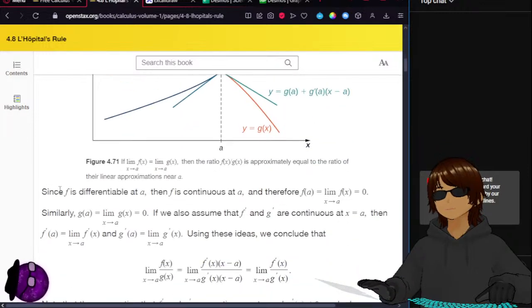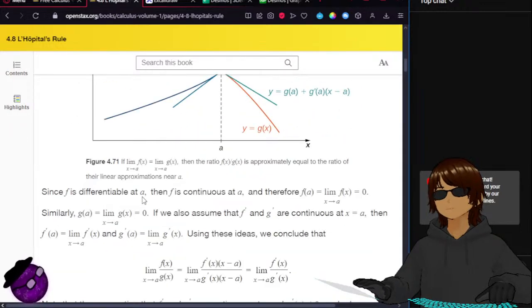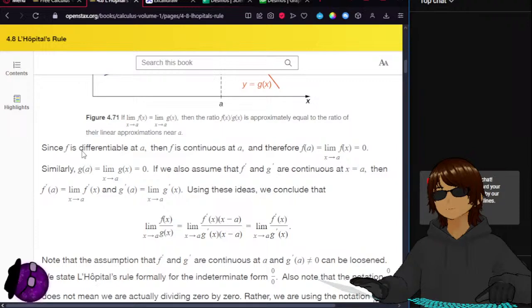Since f is differentiable at a, f is continuous at a, therefore f of a is 0. Similarly, g of a is 0.